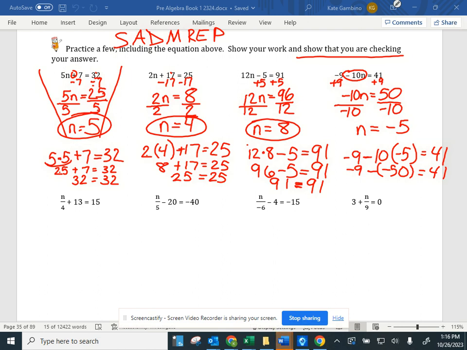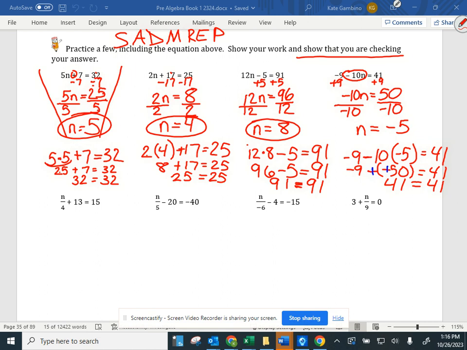When we do minus a negative, it's adding. So now I have negative 9 plus 50 gives me my 41. So we need to understand how that negative is minus, how minus a number becomes negative that number.